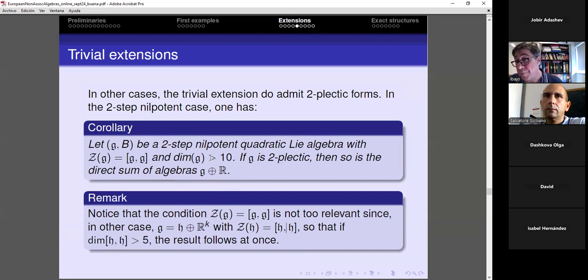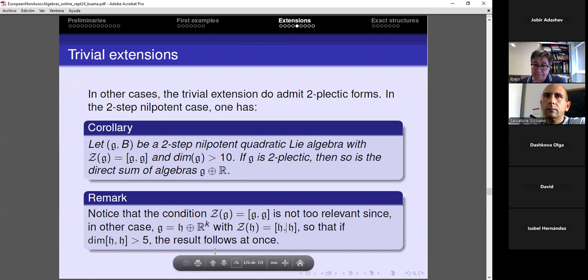So we only don't know what happens in the 8-dimensional and 10-dimensional cases. There are some classifications of quadratic nilpotent Lie algebras in those dimensions, but we did not take the time to verify that they admit two-plectic forms. But I guess that actually every two-step nilpotent quadratic Lie algebra has a two-plectic form.